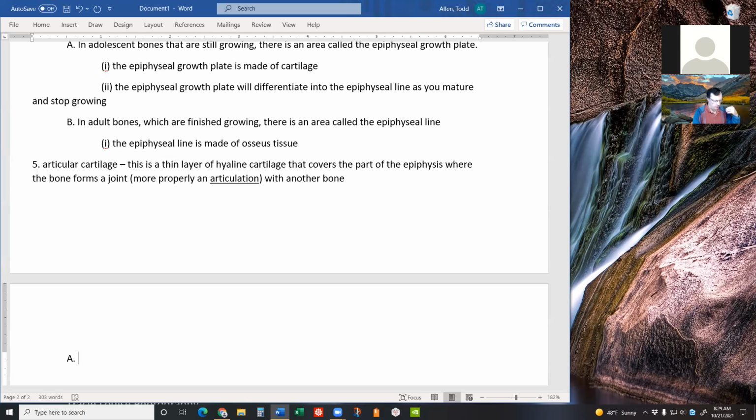In table 4.6, you have hyaline cartilage in panel A. Let me ask you this in the chat window: in table 4.6, part A, what color is the perichondrium?